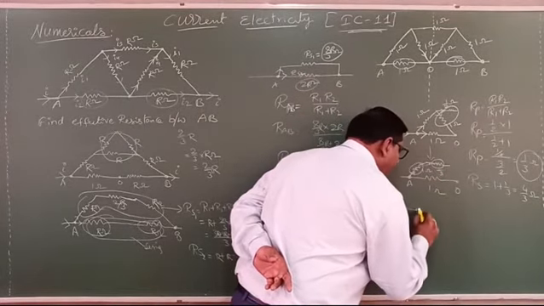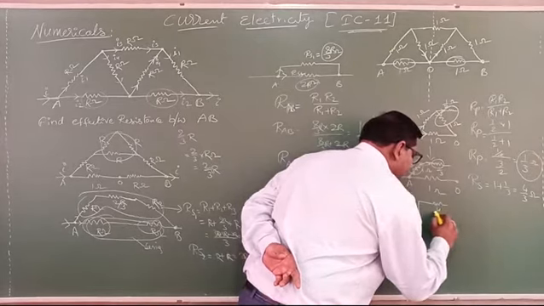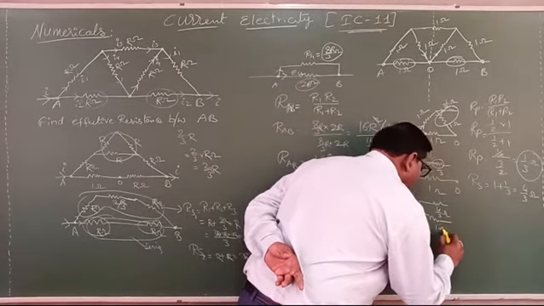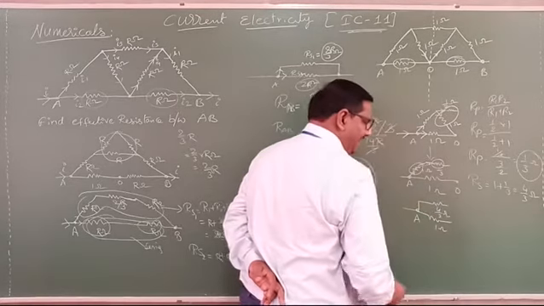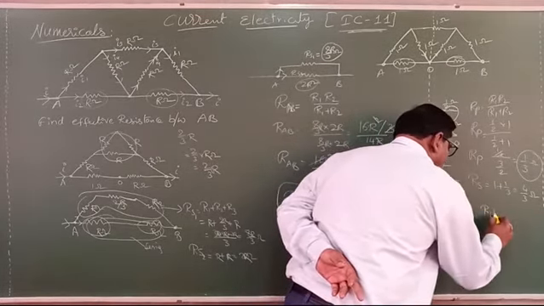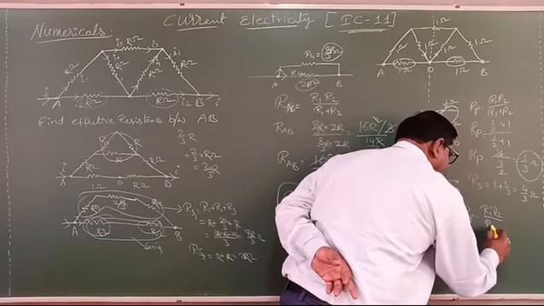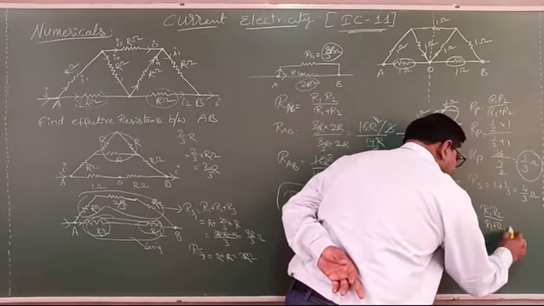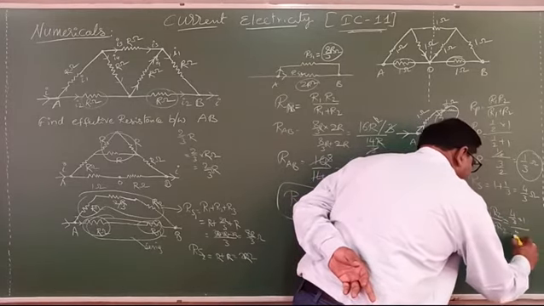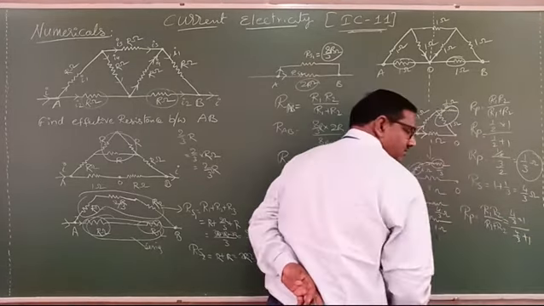Now these two are at point A. From point A, it is now 4 by 3 ohm and it is now 1 ohm. These two are parallel again. So parallel again means RP equals R1 R2 by R1 plus R2. That is 4 by 3 into 1 by 4 by 3 plus 1.